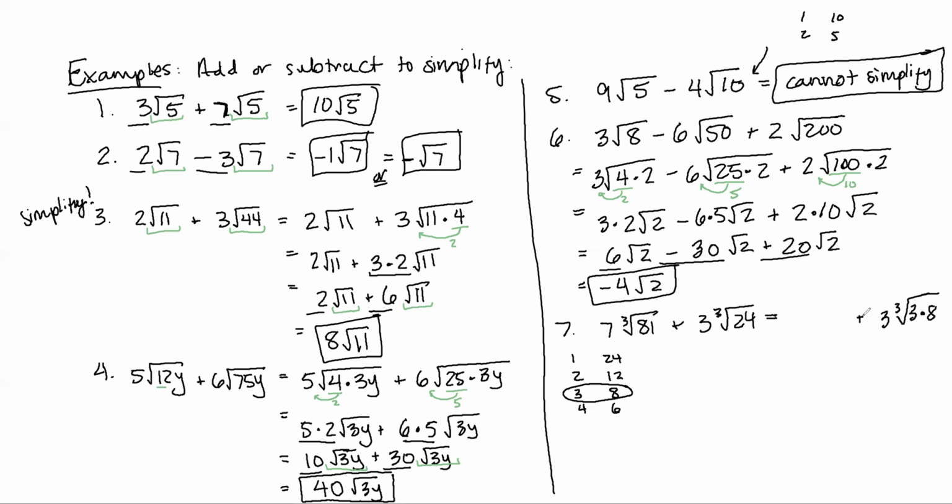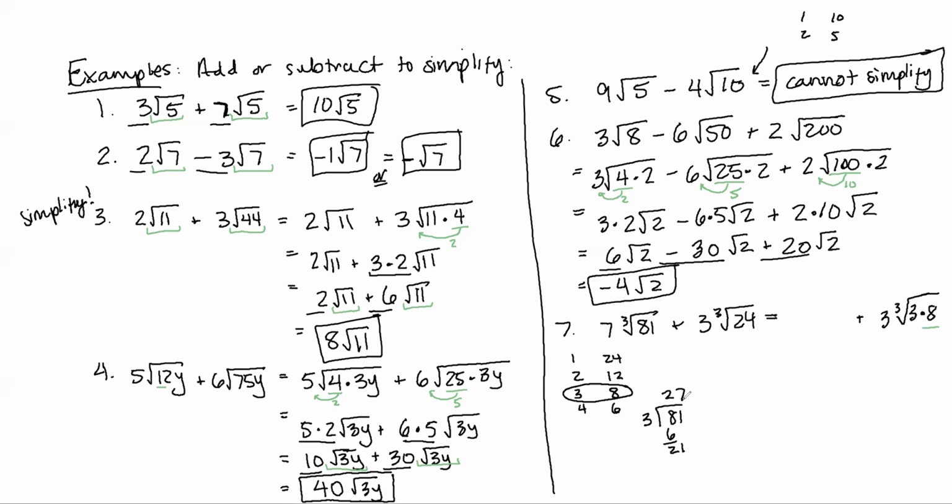Now, if I look at the other one, we can take the cube root of 8, so we're going to be taking that out. The 3 is going to be left on the inside. So let's see how many times 3 goes into 81. You can always divide this. 3 goes into 81 twenty-seven times.